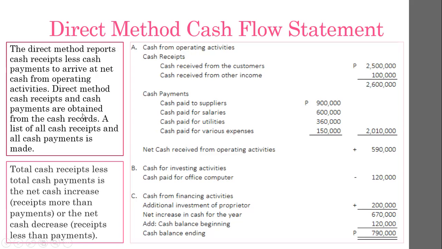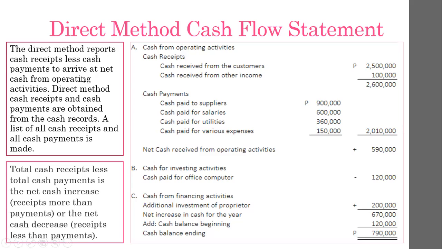So, kung aware po kayo sa ating different journals, yung mga special journals natin, kung matatandaan niyo po, yung cash receipt journal natin, cash disbursement, purchase book or purchase journal, so yun po yan. So, syempre, ang pinag-uusapan dito is yung cash receipts journal natin.